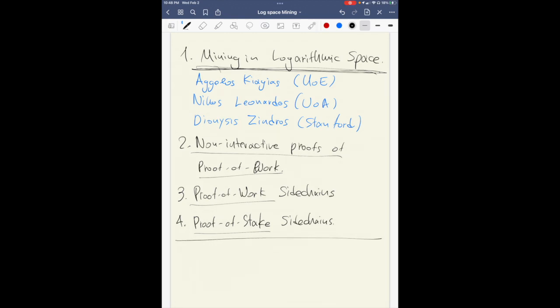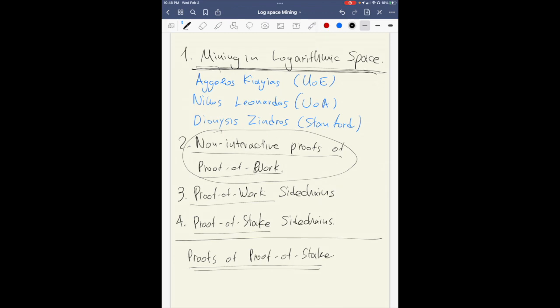And actually, I do have a couple of follow-up papers that we're working on that are similar to non-interactive proofs of work, and they are proofs of stake. So this is my latest work that I'm currently focusing on here at my lab, and it's something that I hope we will be able to release quite soon.